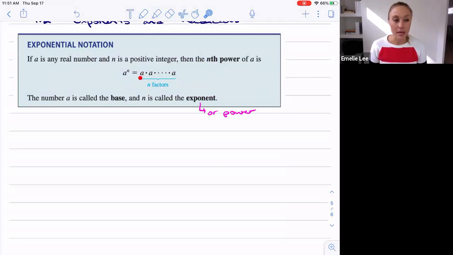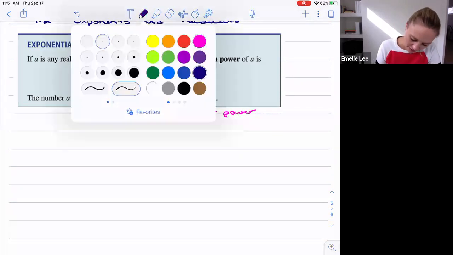A is the base, and we'll have to pay attention to the base, because as we'll see later, we'll only be able to combine like bases.